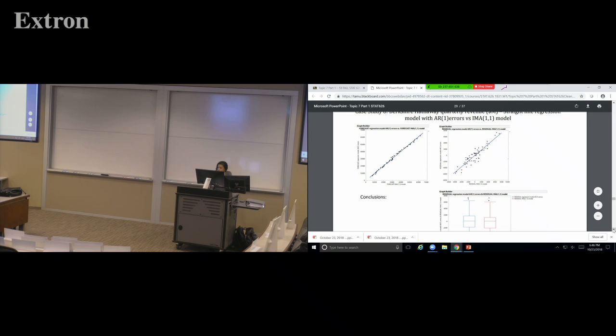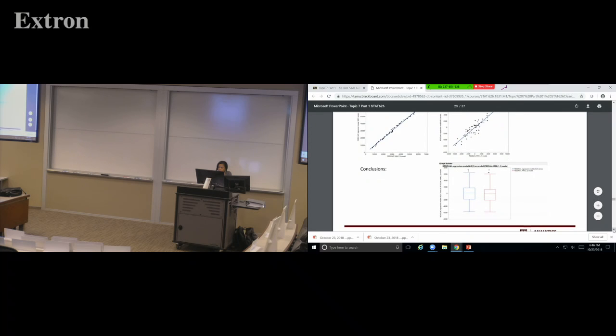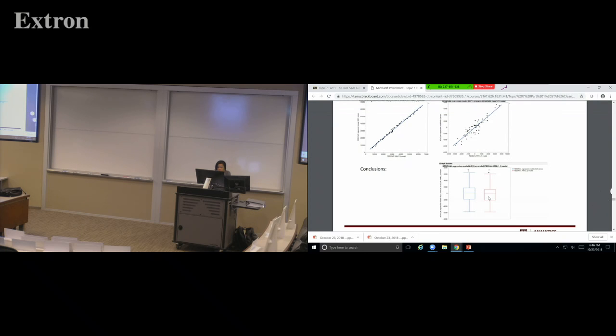But what I wanted you to specifically take a look at was a box plot for the residuals for the two models. This is the straight line regression with the AR1 errors in blue, and this is the integrated moving average model 1-1 in red. What I want you to see here is that the residuals appear to be a little more symmetric with regards to the regression model with the AR1 errors as compared to the integrated moving average model.